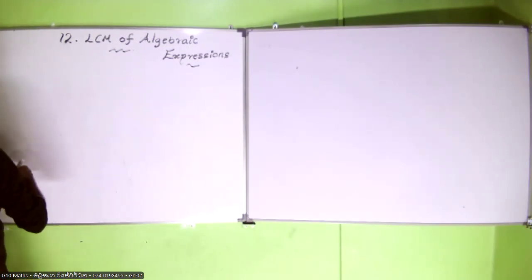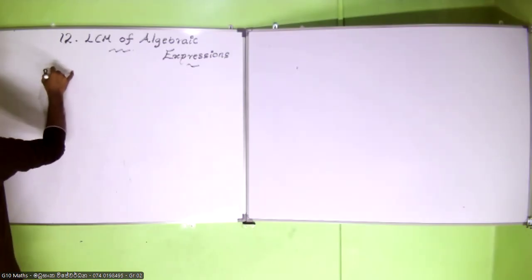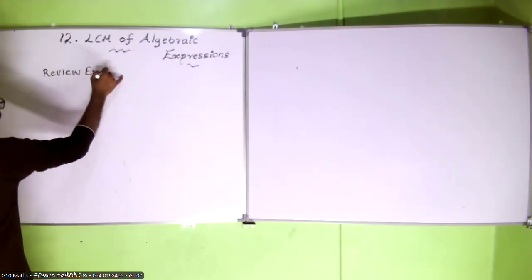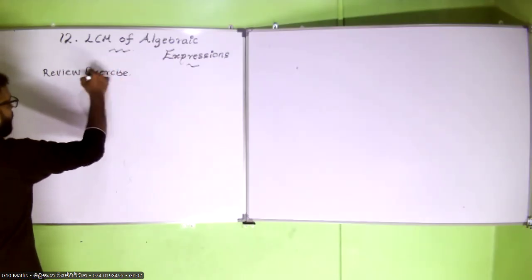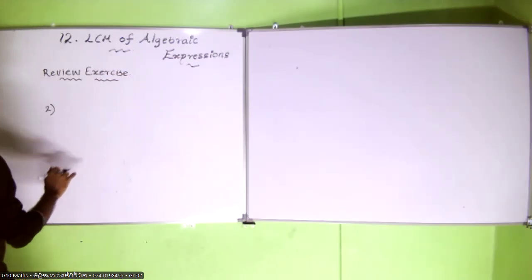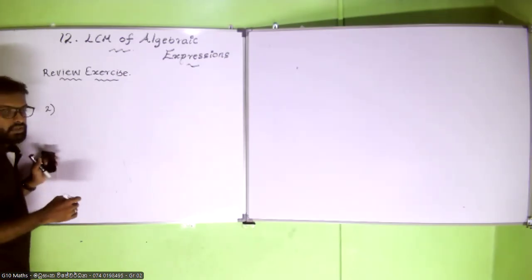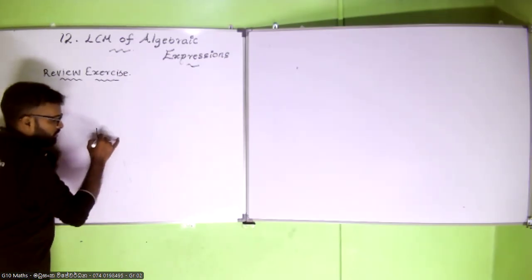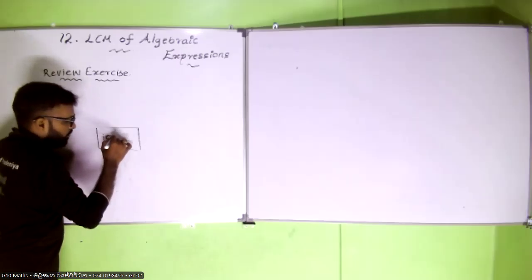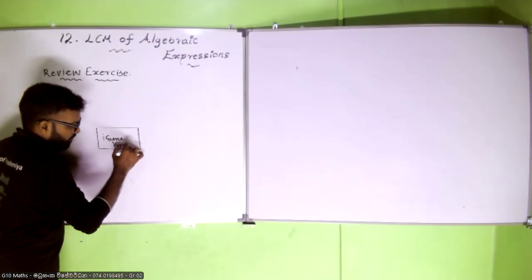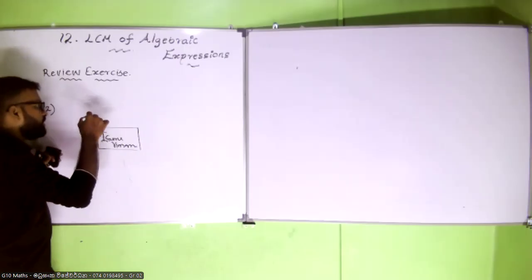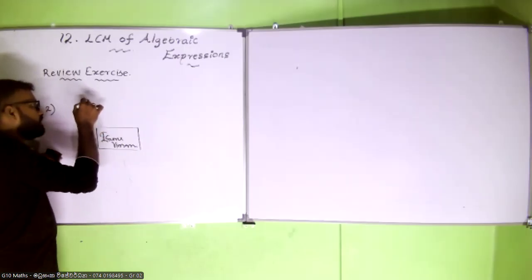Review exercise, second question. It says there is a place called Isuruimana, and this Isuruimana has 3 vans.